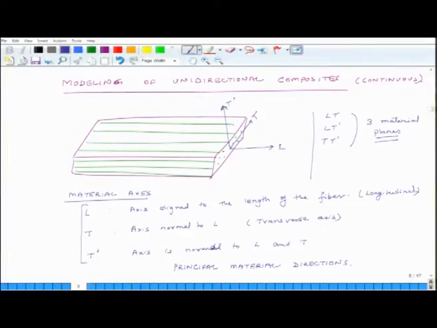So, a unidirectional composite, that is a single layer which has fibers running in the L direction continuously, is an orthotropic composite.